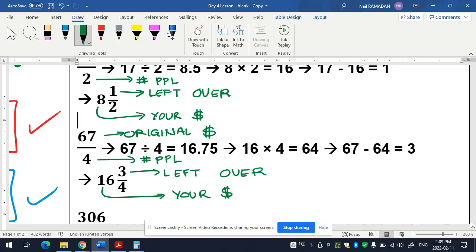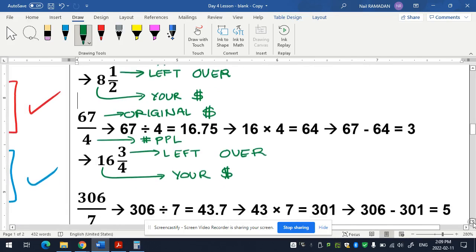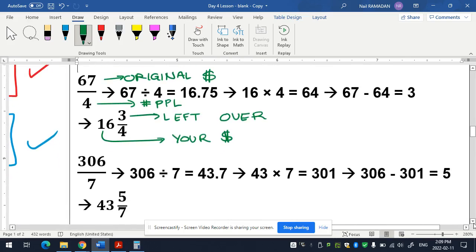Okay, let's do the next one. What's the original money in this case? $306. So apparently I'm the distributor. I have $306 on me, and for some reason, I want to give it to 7 people equally. That means 306 divided by 7 gets you 43.7.